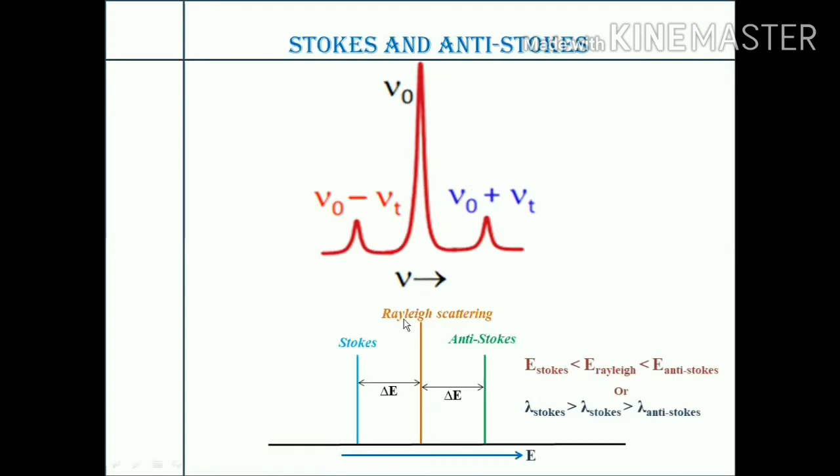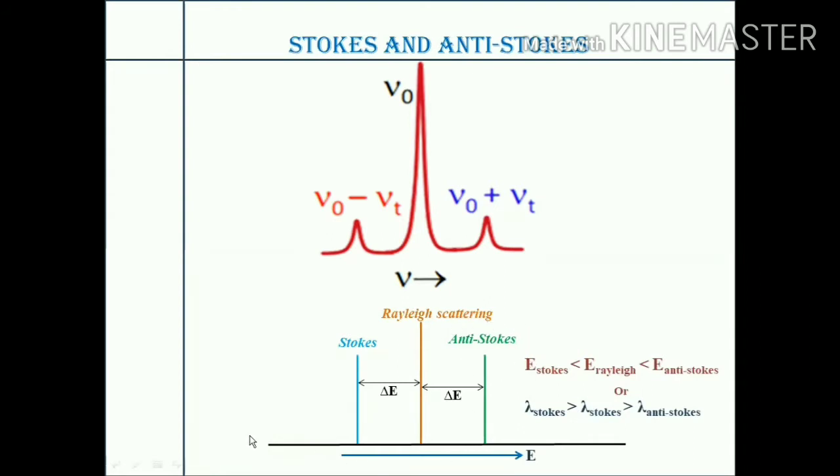Now let's come to this representative figure at the bottom. The central line in orange color is the Rayleigh scattering, corresponding to the peak in the spectrum, which I've represented with a line just for the sake of convenience. To the left of the Rayleigh scattering is the Stokes line, and to the right is the anti-Stokes line.